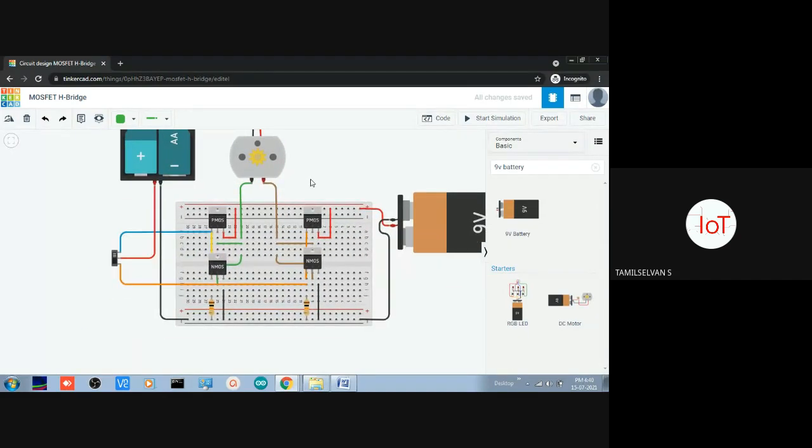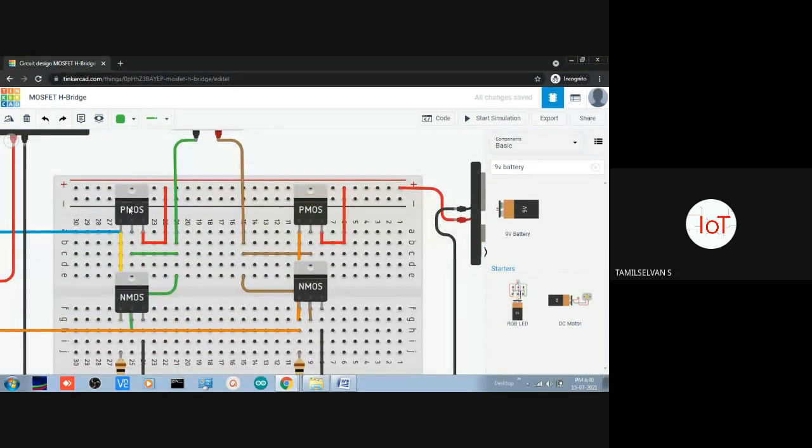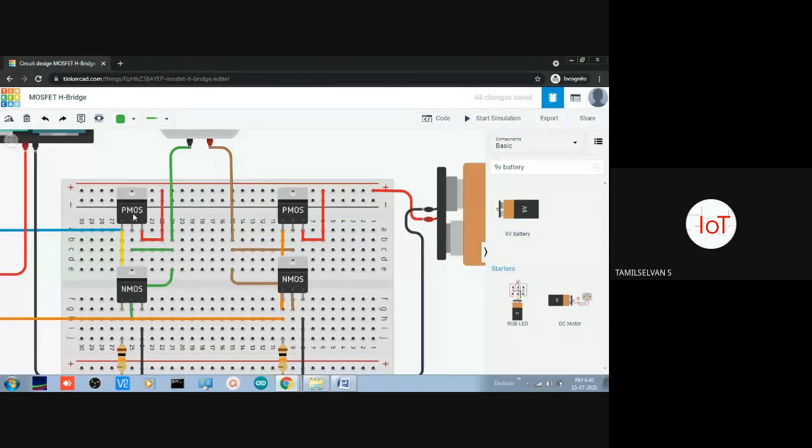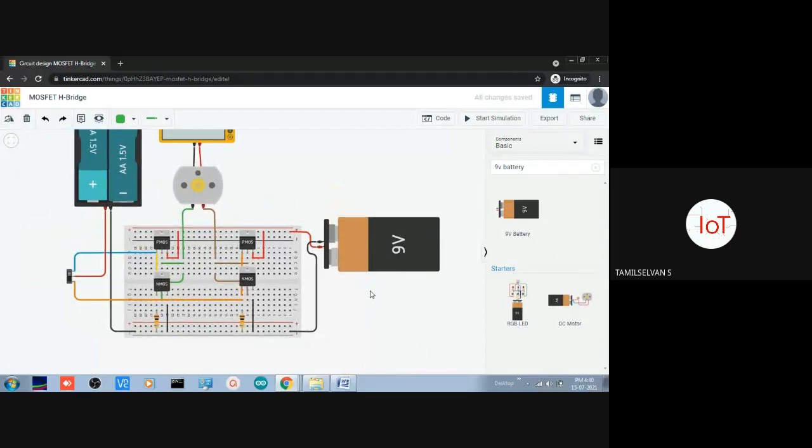Okay, so as you have seen, there are two different transistors used. So here also I'm using two transistors. One is PMOS and another one is NMOS. So NMOS gives you a perfect 0, PMOS gives you a perfect high voltage, logic 1. Okay. So for your better understanding, I have used two different batteries. This left side 9 voltage battery is used for driving this motor.